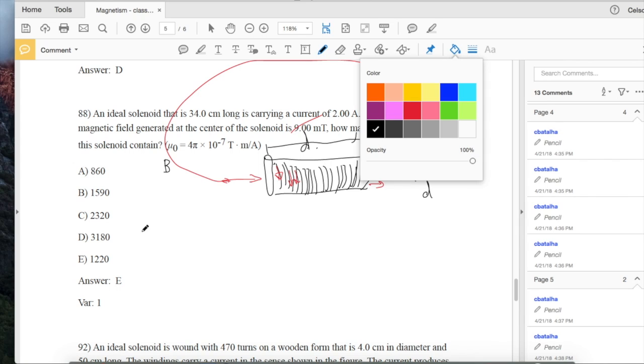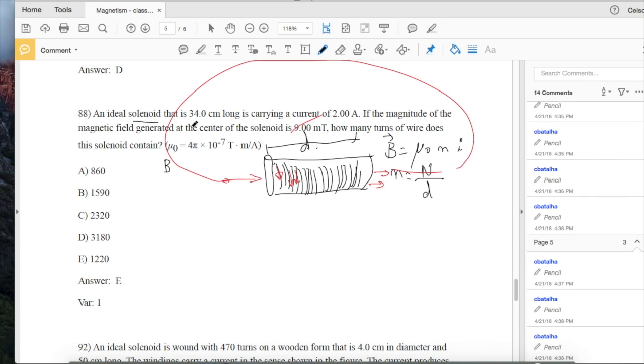Okay, so let's tackle the problem. We have an ideal solenoid that is 34 centimeters long. Please change to meters. It carries a current of 2 amps. The magnitude of the magnetic field generated at the center is equal to 9 microtesla.